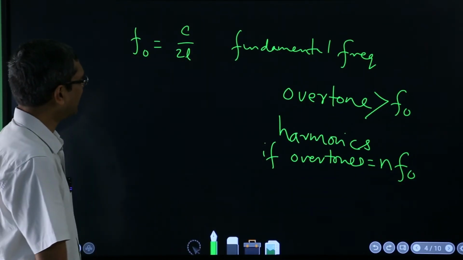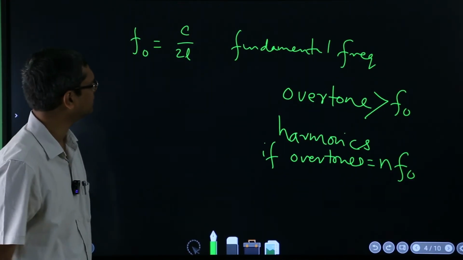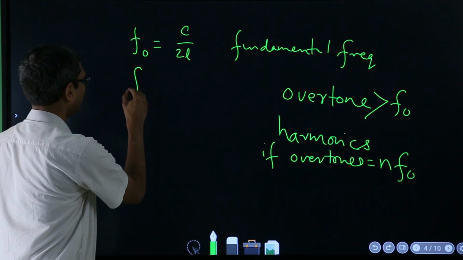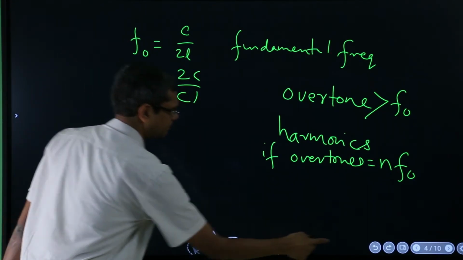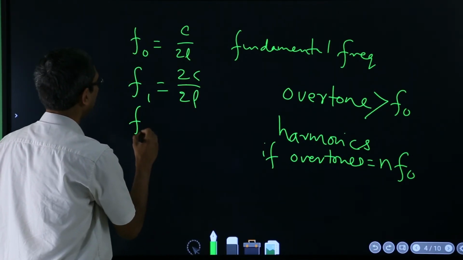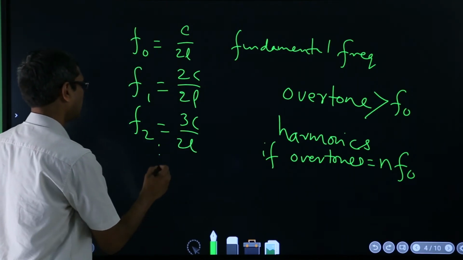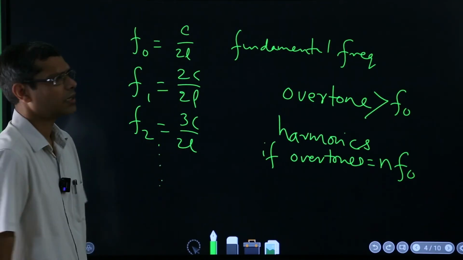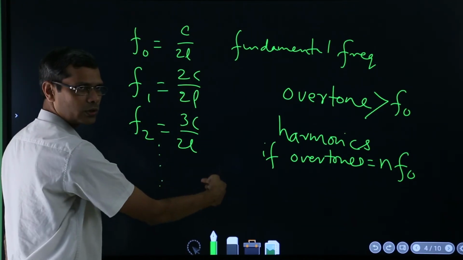One way to express this: suppose f1 is 2C over 2L, then f2 is 3C over 2L, like that. So one nomenclature is fundamental frequency, first overtone, second overtone, third overtone, like that.